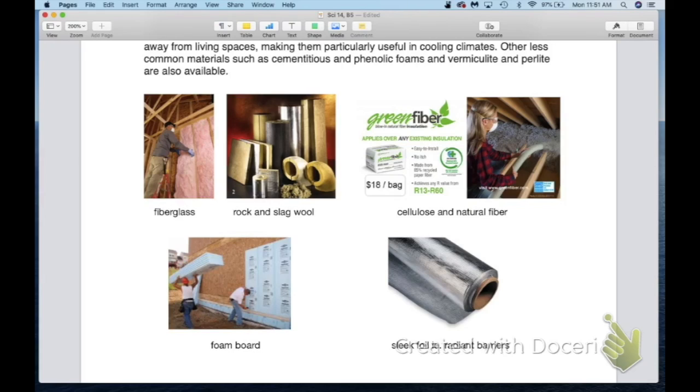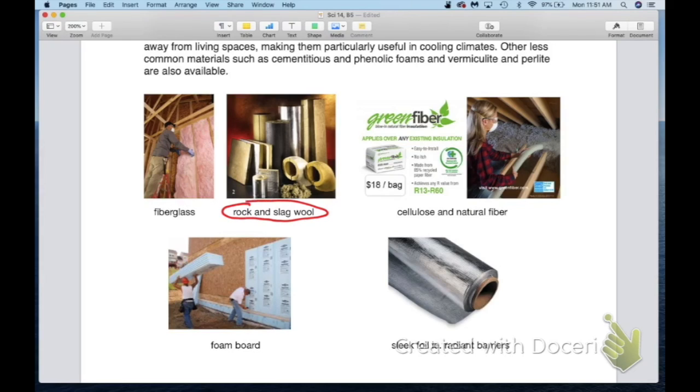So if I'm just looking at this, we've got what we call fiberglass insulation, which is probably what you're very familiar with. Some of you might have seen these things. They're almost like styrofoam sheets, and they're more rigid. They're hard. Those are insulators. They're called foam board.